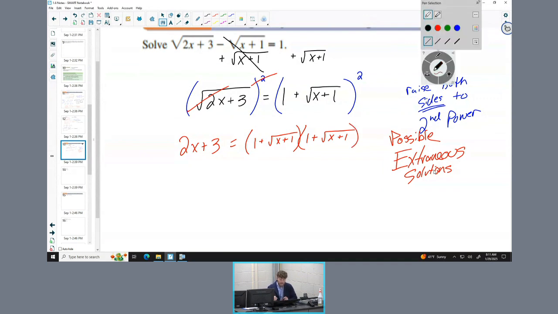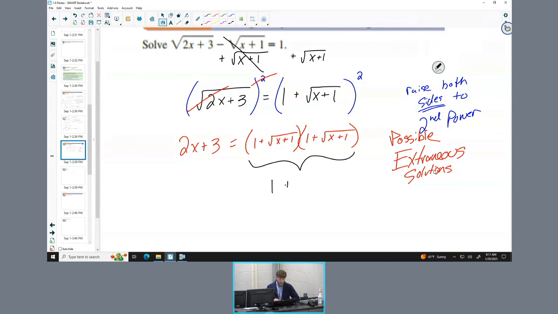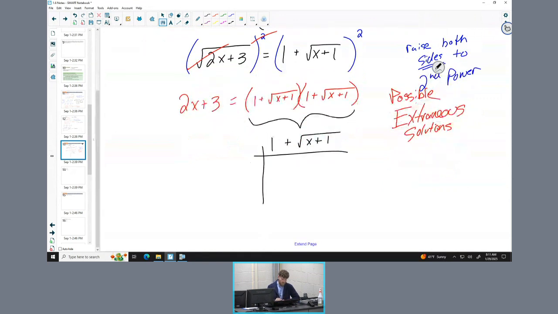Now, this is the reason I taught you the box method. Stuff like this is more complicated. If you can still use FOIL, I don't really care what you use, like I've been saying, but the box method comes in a little bit handy here, because it helps you keep things nice and neat. So if I'm multiplying these, I say 1 plus the square root of x plus 1, and 1 plus the square root of x plus 1.